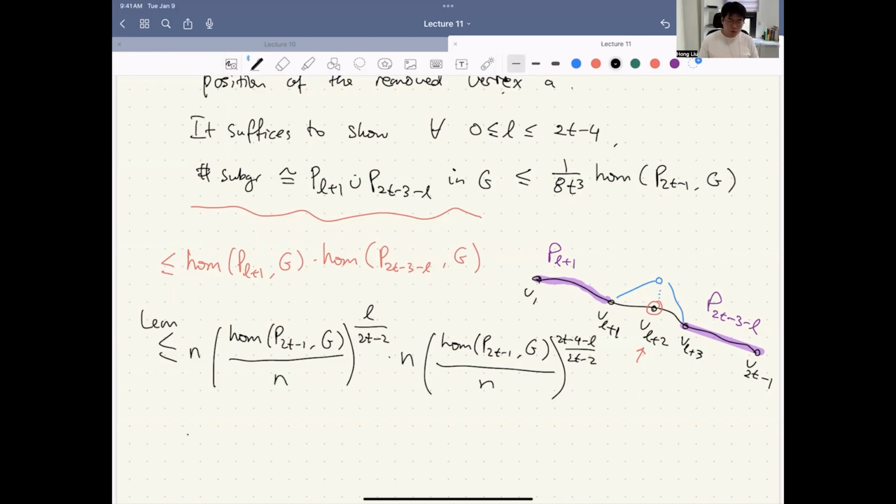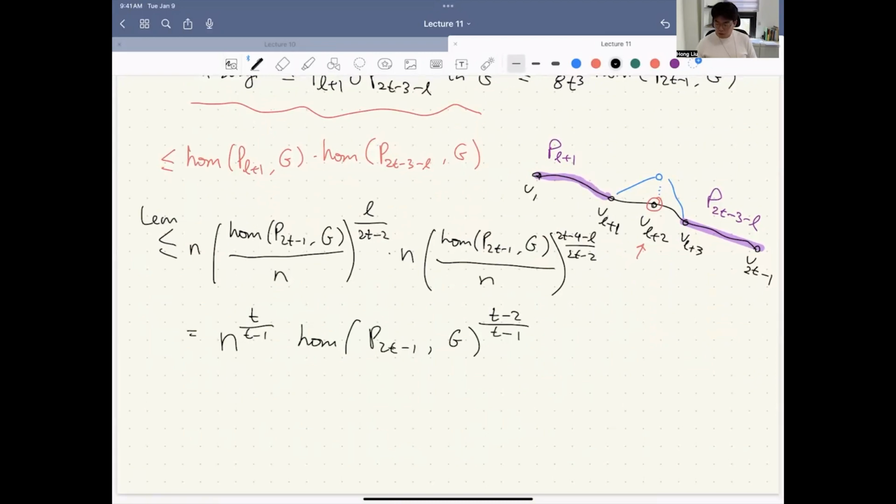If you do some simplifying, it equals n to the t-1, n to the t over t-1, homomorphisms of P_{2t-1} in G to the t-2 over t-1.